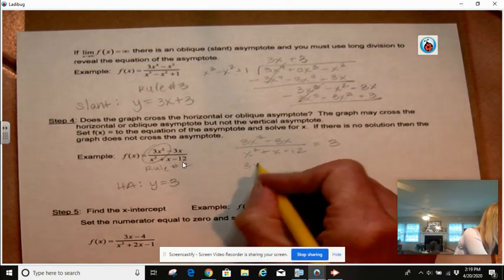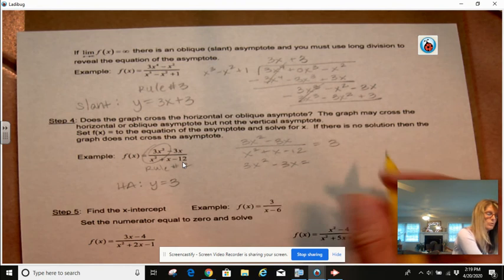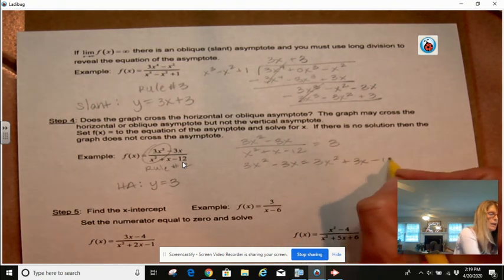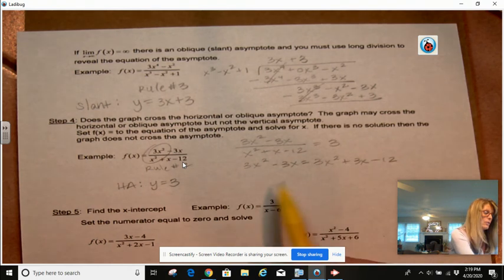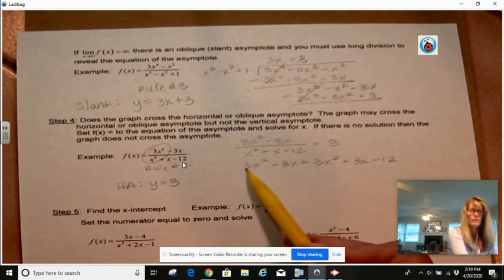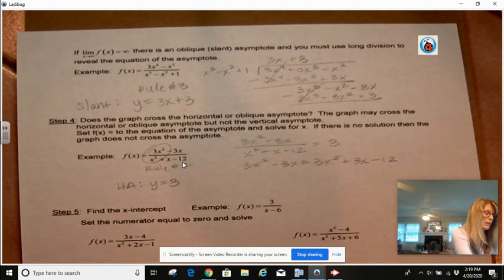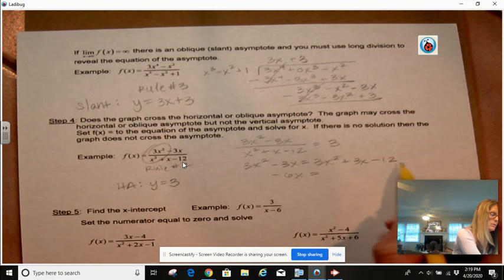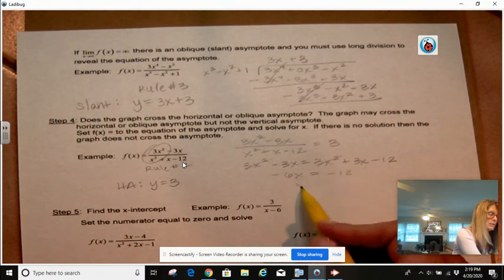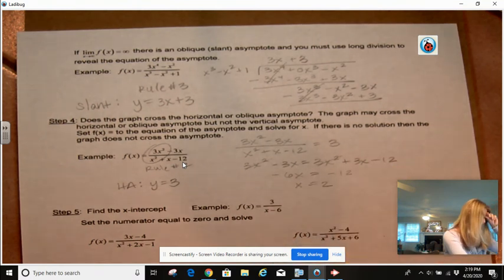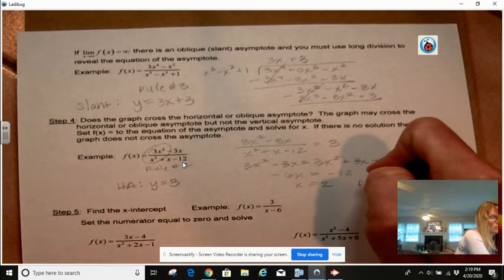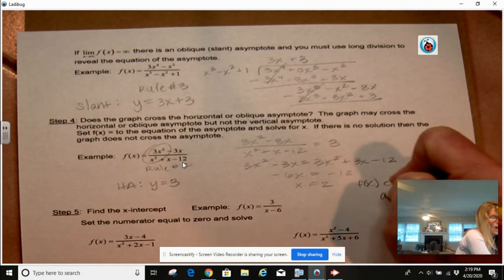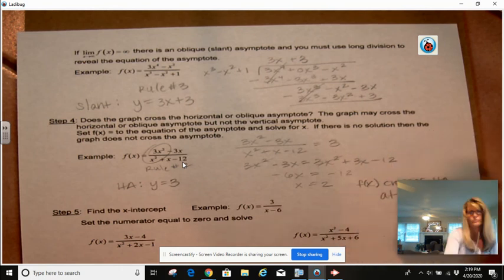So we have our numerator equal to 3 times this denominator, just distribute. We have 3x squared on both sides, so luckily that'll go away. And let's see, if you subtract this 3x, you'll get negative 6x equals negative 12, and then x equals 2. So this one does cross. F of x crosses your horizontal asymptote at x equals 2.